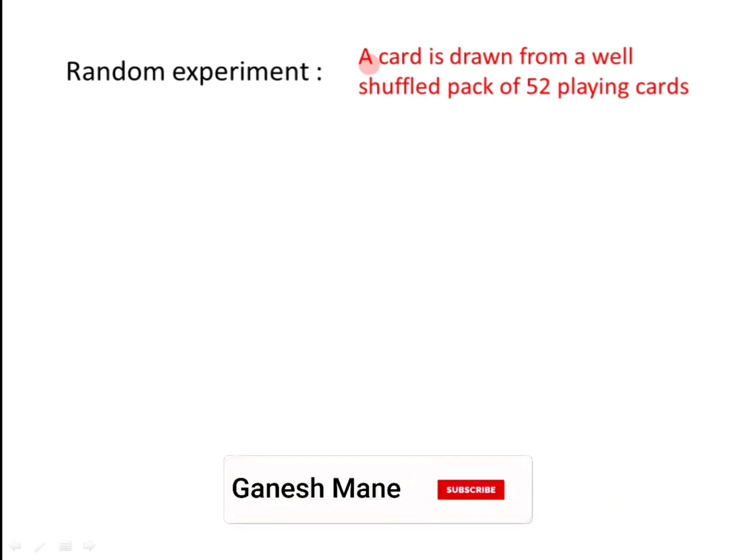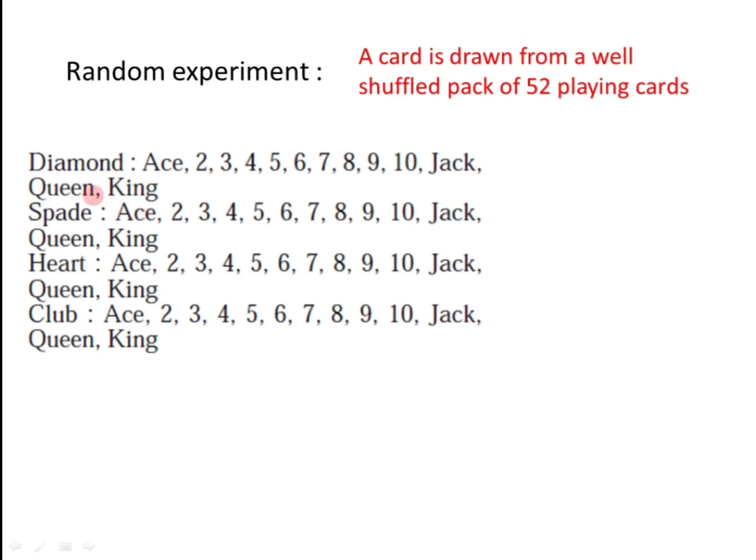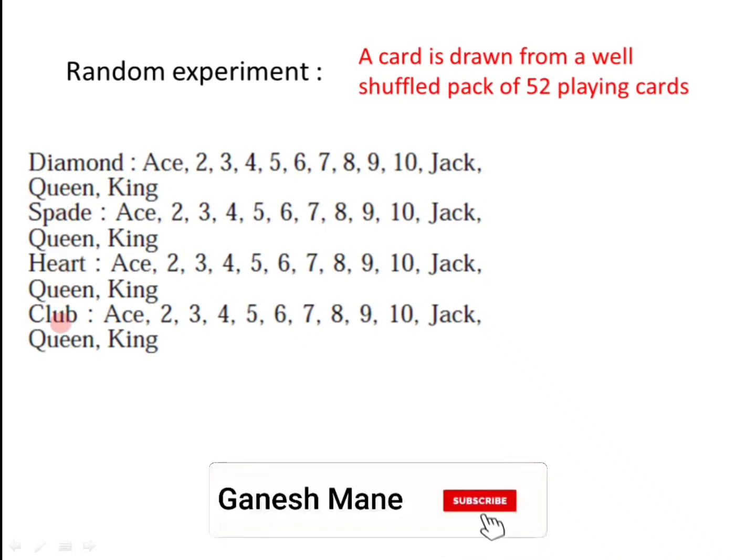Now we have another random experiment. If we have to select a card from a well-shuffled pack of 52 playing cards, and for this we must know what are 52 playing cards. So there are four types of cards in the playing cards, that is the diamond, spade, heart and club.